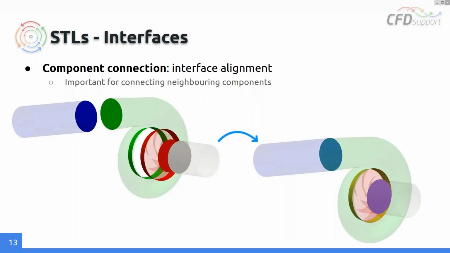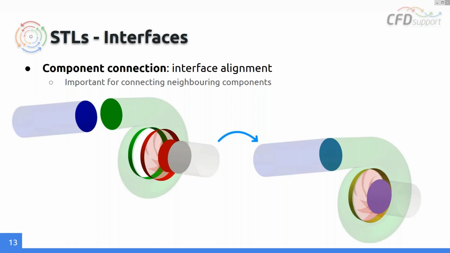Not each component, for example the closed room, but for internal flow, for rotating machinery, each component has its own inlet and outlet, and to connect neighboring components, we have to properly prescribe the interfaces and align them correctly.